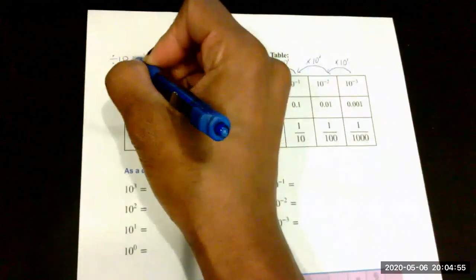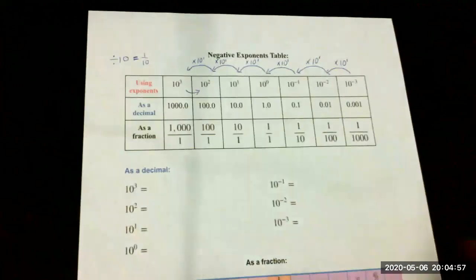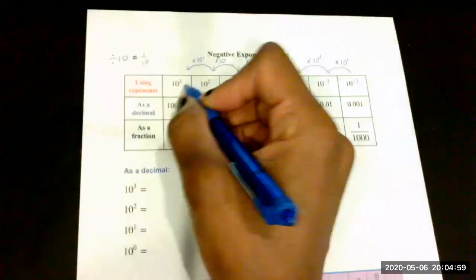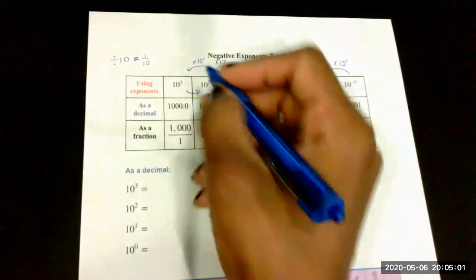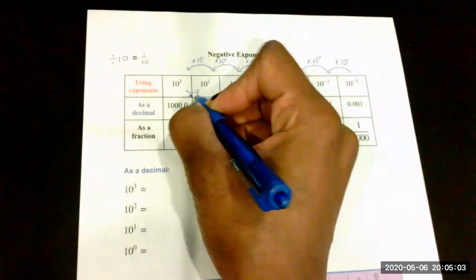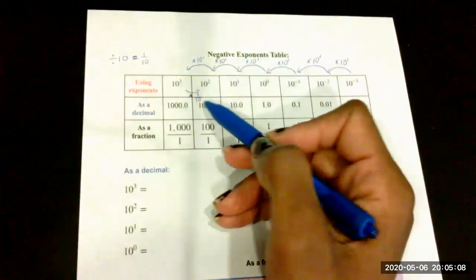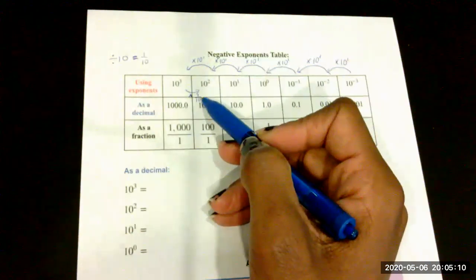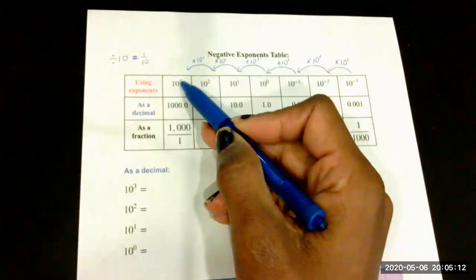These things are the same. So if we multiply this 10 to the third by 1/10, that just means 10 to the third divided by 10 to the first. And we know we subtract the exponents, 3 minus 1, that's how we have 2.